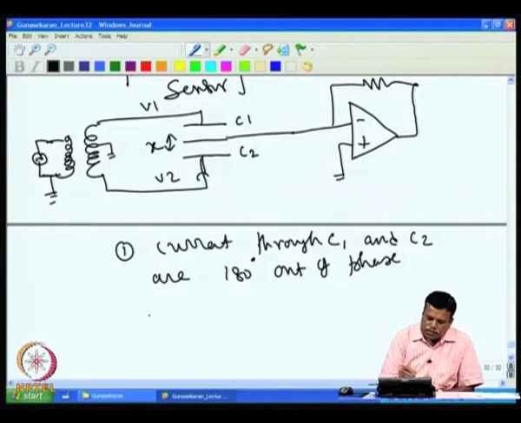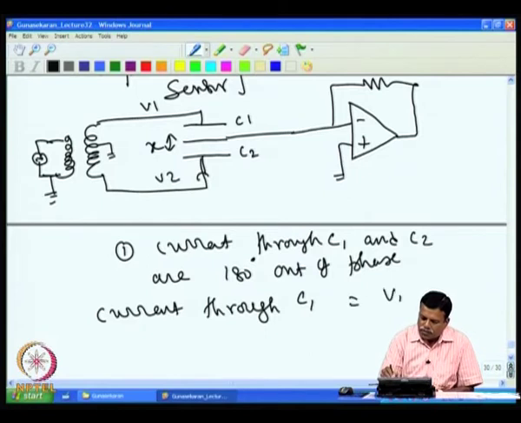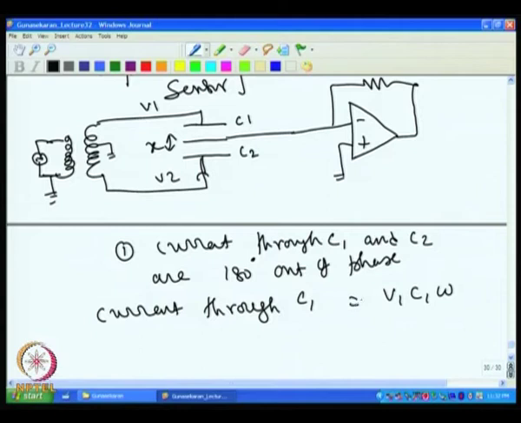The current through C1 is V1 C1 omega with the j component, and the current through C2 is V2 C2 omega.